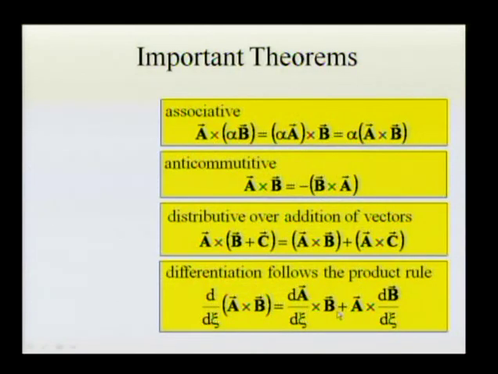For a number valued function, you could say it is the derivative of the first function multiplied by the second function plus the first function multiplied by the derivative of the second function, or you can say it is the derivative of the first function multiplied by the second function plus the derivative of the second function multiplied by the first function.